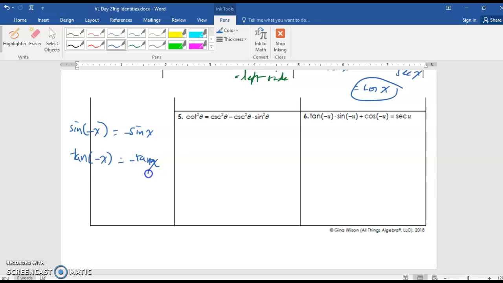But cosine is an even function because it's symmetrical over the y-axis. So cosine of a negative angle is a positive cos x.